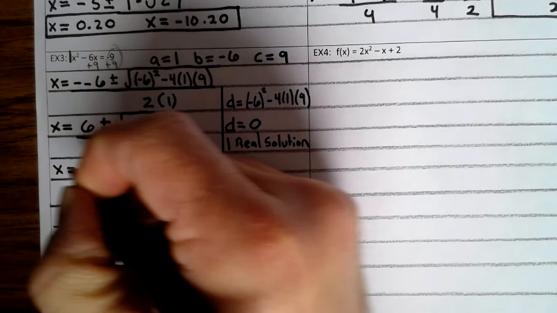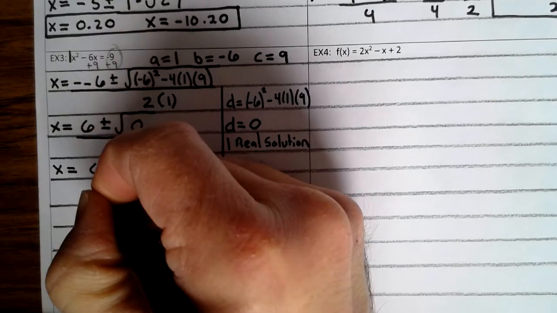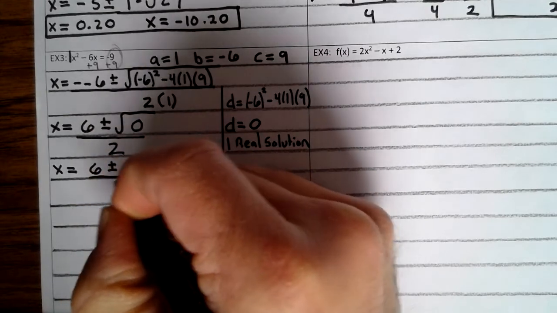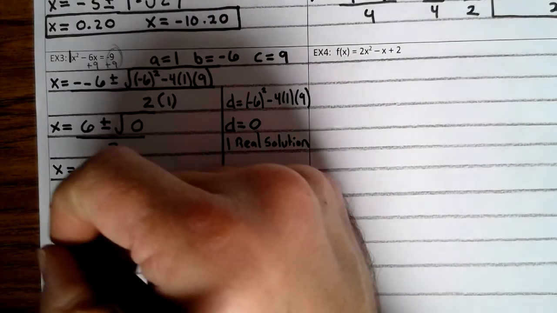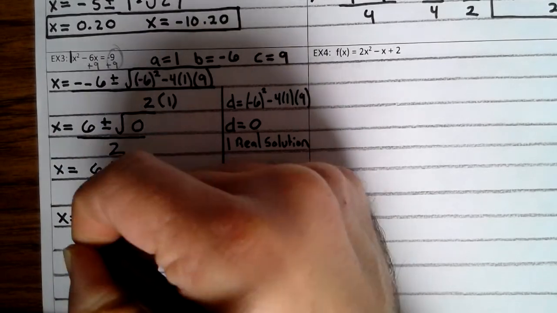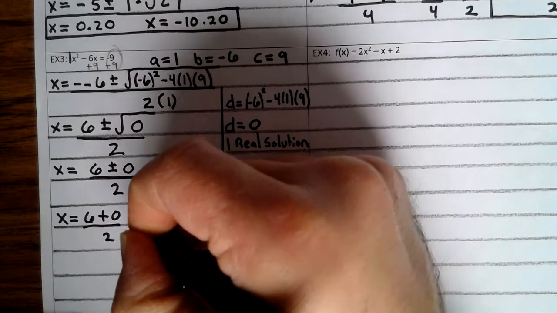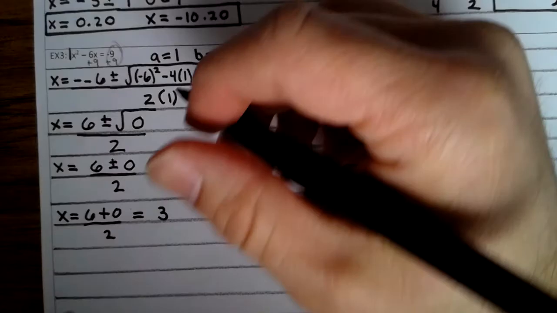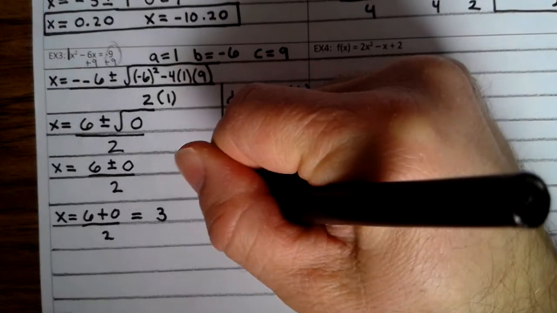So now we have x equals 6 plus 0 divided by 2, which equals 3. So x equals 3. And then x equals 6 minus 0 divided by 2, which equals 3.